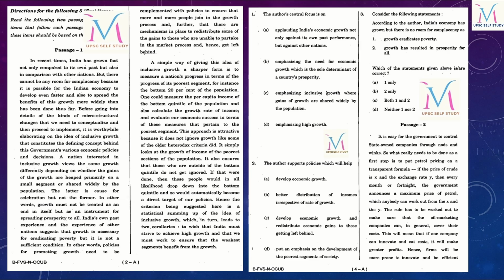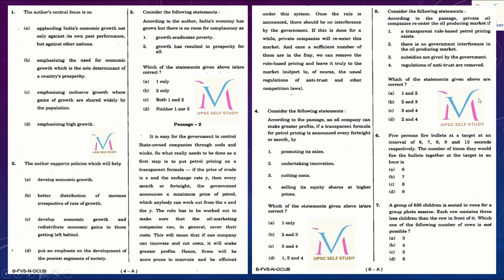And coming to the second passage: it is easy for the government to control state-owned companies through nods and winks. So what really needs to be done, as the first step, is to put petrol pricing on a transparent formula.